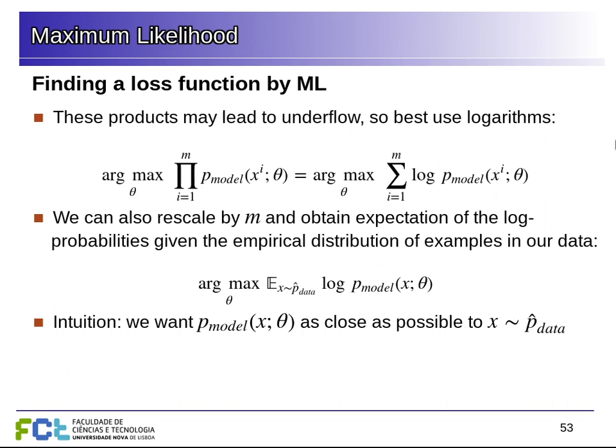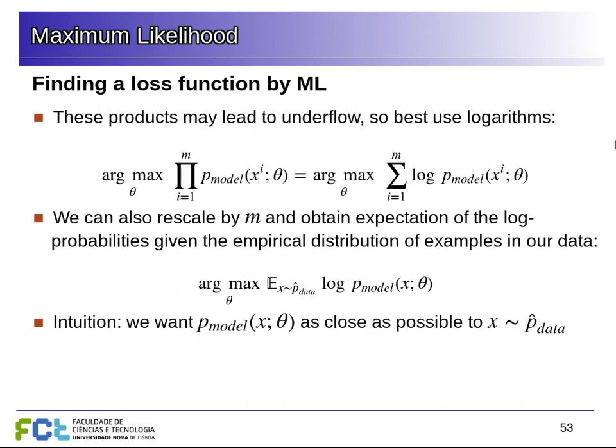And the other is the probability distribution the model is telling us when we fix the parameters of the model. We can change that one by changing the parameters of the model, and that's what we're trying to optimize here. So intuitively, we want the probability the model is telling us to be as close as possible to the actual probability distribution the data has in the universe. And this is basically the problem of learning here.